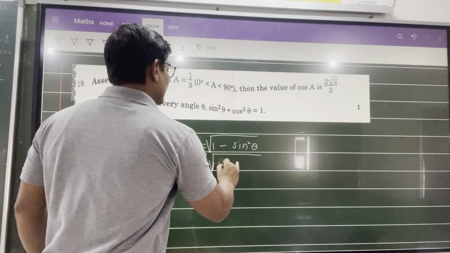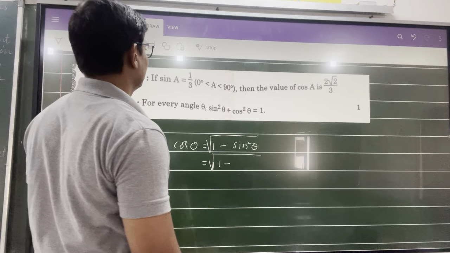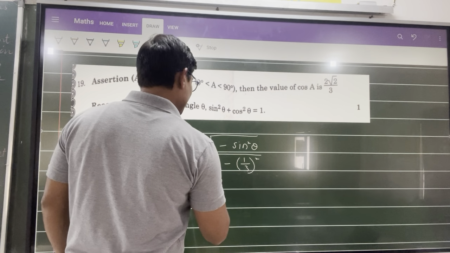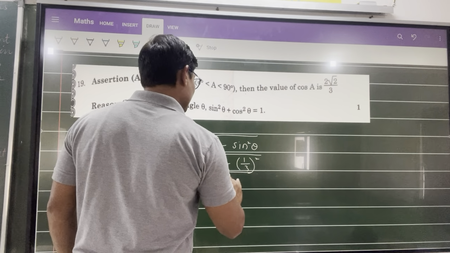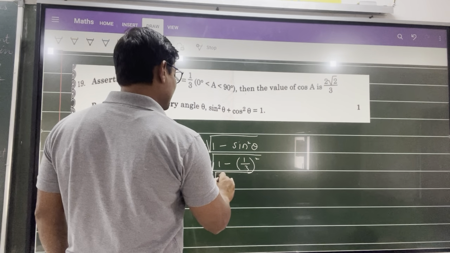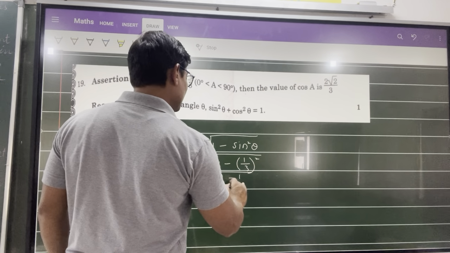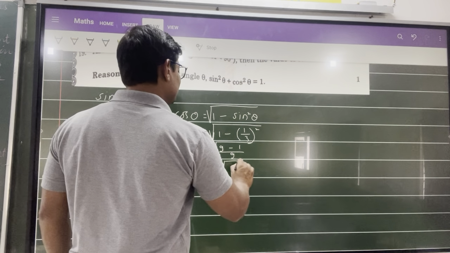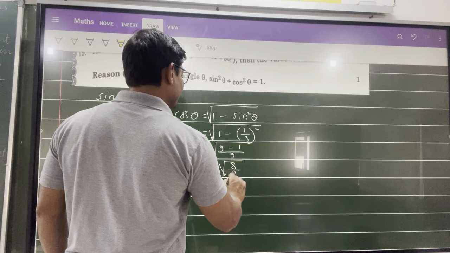So 1 minus sin square theta, so 1 by 3 its square. Simplifying this, you will get under the root 1 minus 1 by 9, so 3 square will be 9. So this would be 9 minus 1 whole divided by 9, which is under the root 8 by 9.